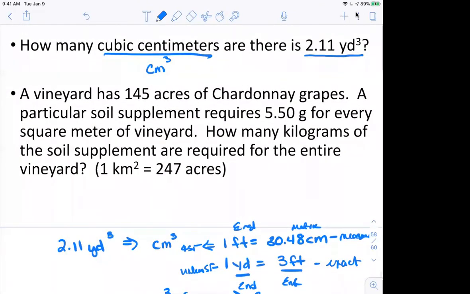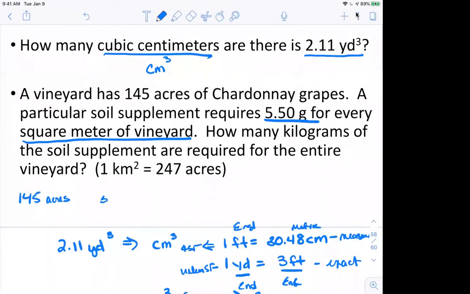So let's look at this problem. This is a lot harder. A vineyard has 145 acres of Chardonnay grapes. A particular soil supplement requires 5.50 grams for every square meter of vineyard. This is a conversion factor that's buried in the problem. So I'm given 145 acres.